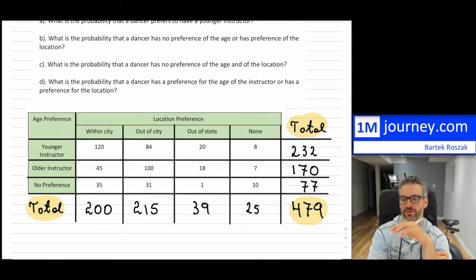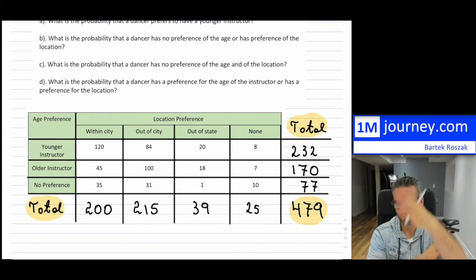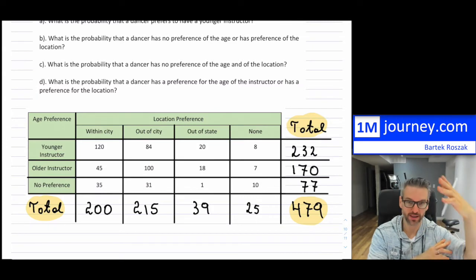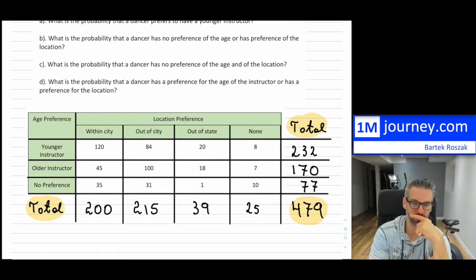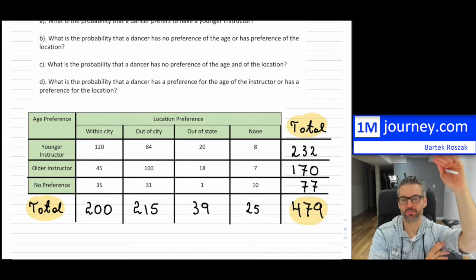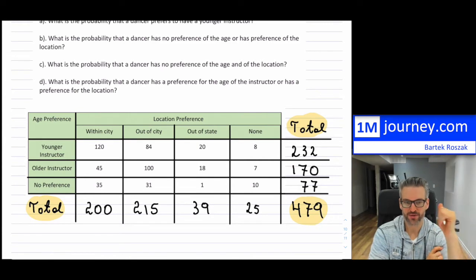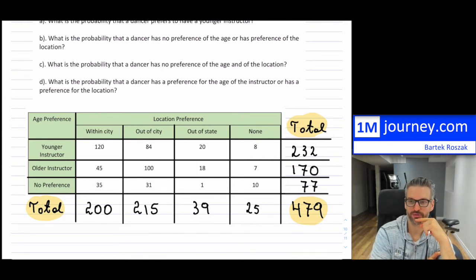If you take the columns, you can see how many would want to be within the city, out of the city, out of the state, or have no preference on location. And on the rows, how many would prefer a younger instructor, how many an older instructor, and how many don't have any preference at all. And when you add up the columns, I have 479 in total in this particular study. The same thing should happen on the bottom, so it's a double check that you added correctly.